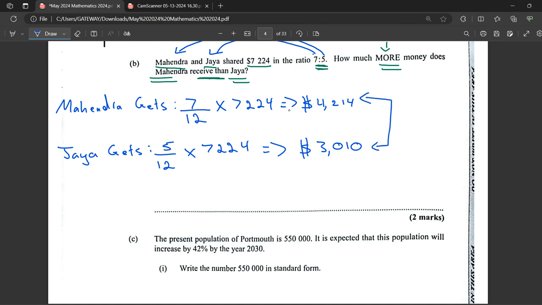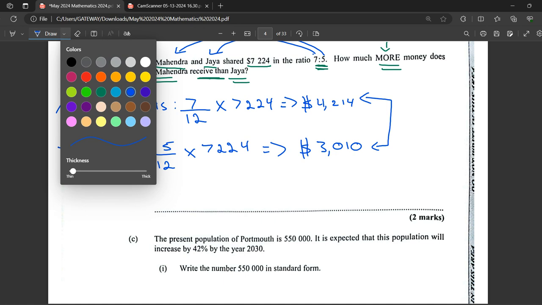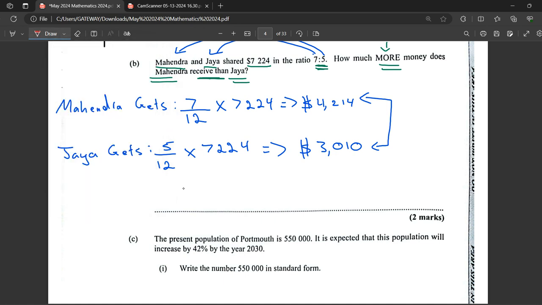So we know how much Mahendra gets, we know how much Jaya gets. So how much more money does Mahendra get than Jaya? You just subtract the two. That's all you're really doing. So Mahendra receives 4,214 minus 3,010, right?